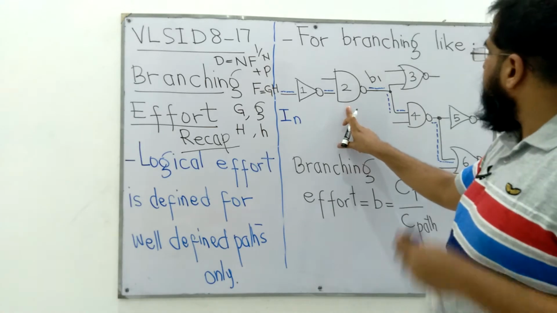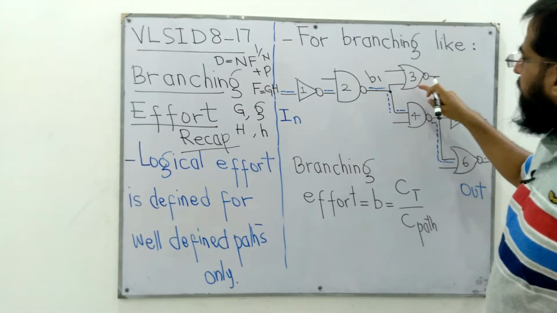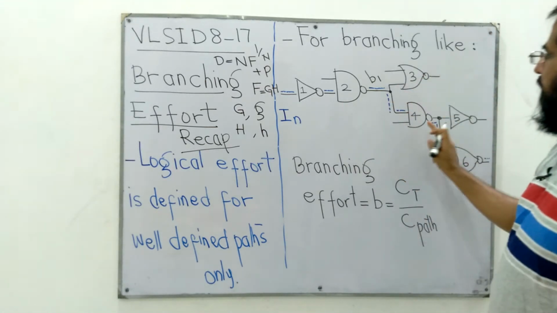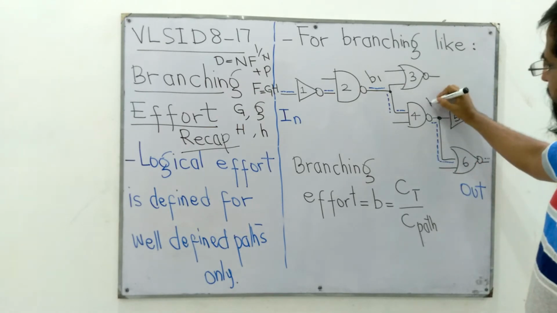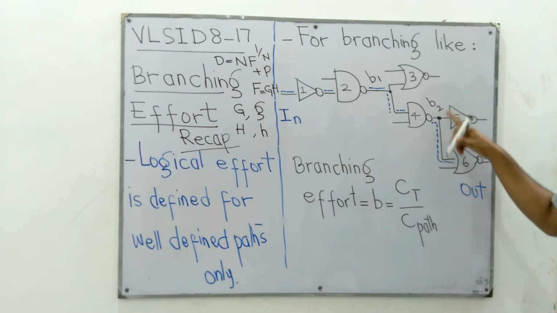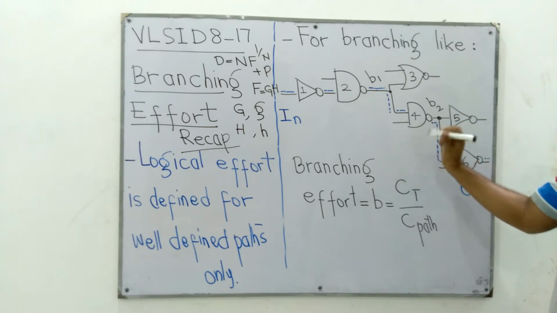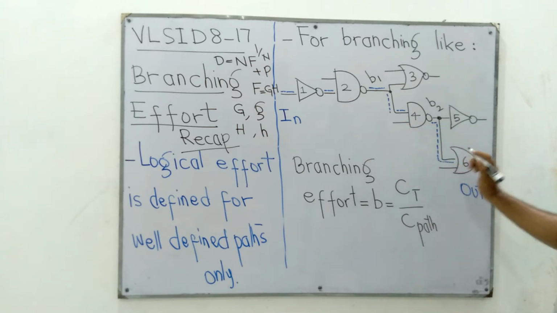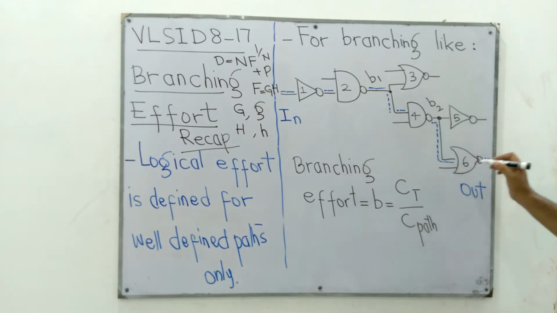Output of gate number 2 is being used to drive gate number 3 and gate number 4. And we have a branching here at this point, let's call it B2 node, where the output of gate number 4 is driving gate number 5 and gate number 6.